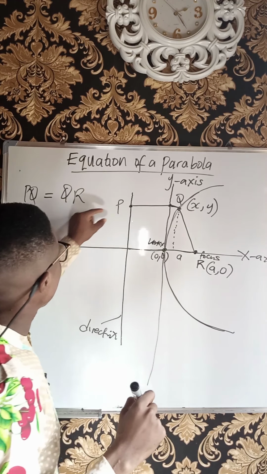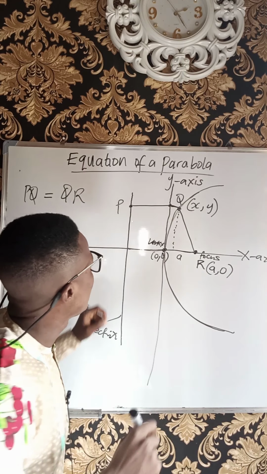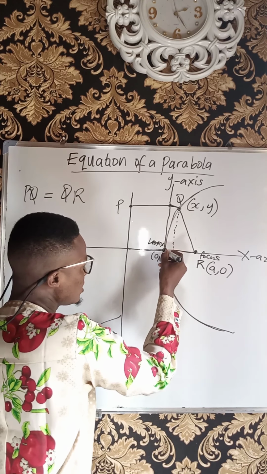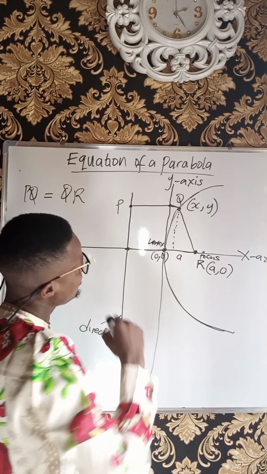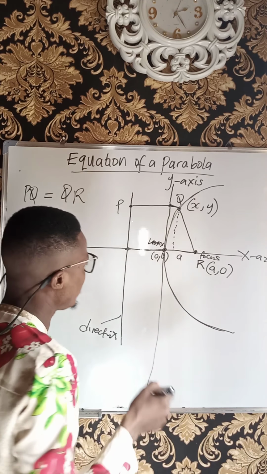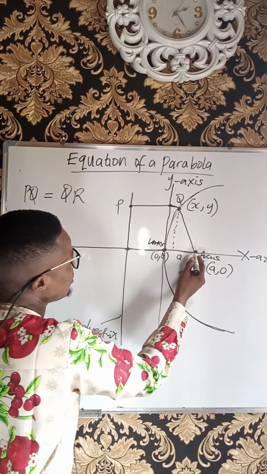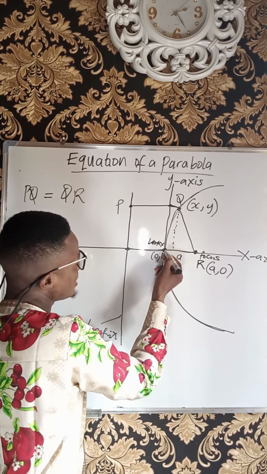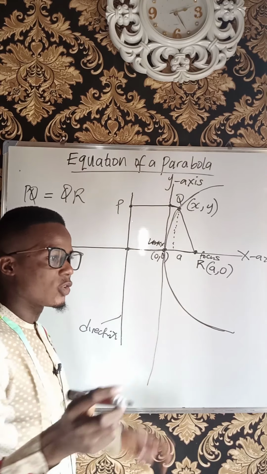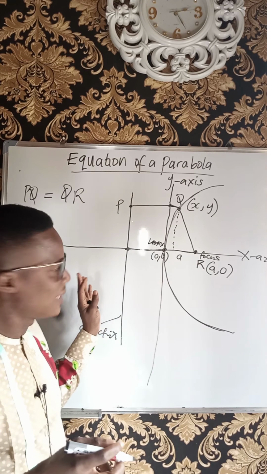Similarly, I have my P here, and this distance from here to here should also be equal to this distance from here to here, from the definition of a parabola, equidistant from a fixed line and a fixed point. So if from here to here is A, it means from here to here is A also, but it should be negative because it is on the negative x-axis.